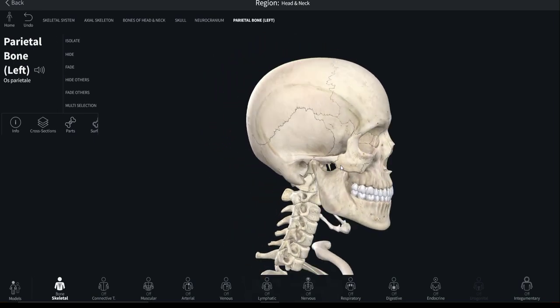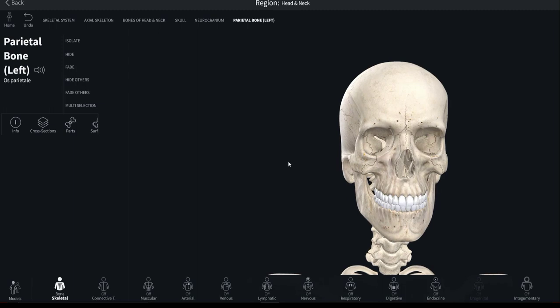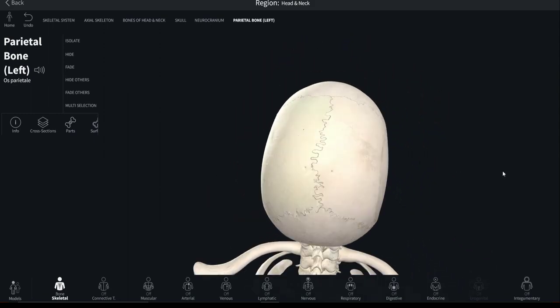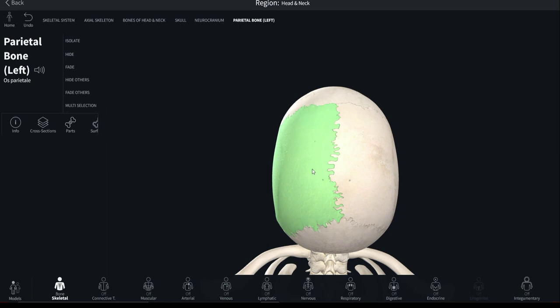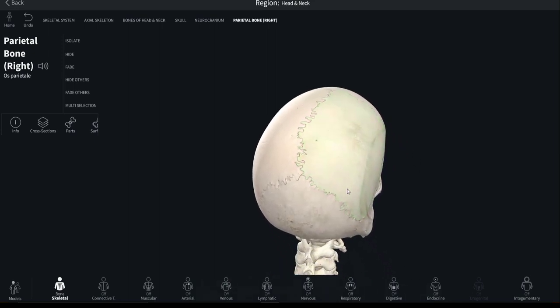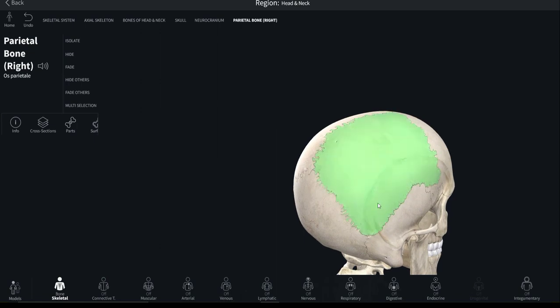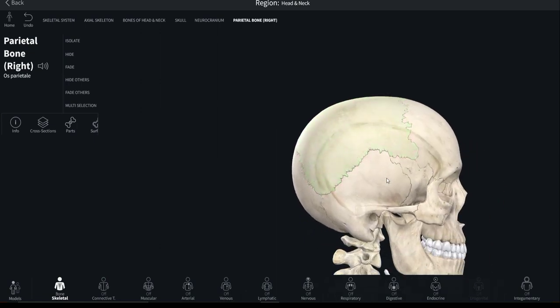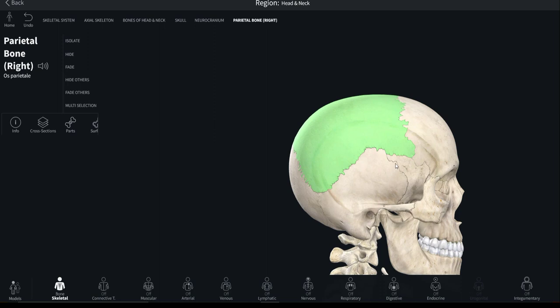So there is a groove present over here, which is not very visible along the inner aspect of the postero-inferior angle of the parietal bone, and that groove lodges, what did I say? A sigmoid sinus. All right. So we talked about the superior sagittal sinus, right? Along over here. Now we talked about the sigmoid sinus, which is along the postero-inferior angle of the parietal bone.